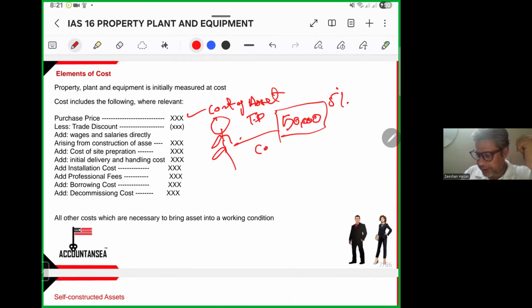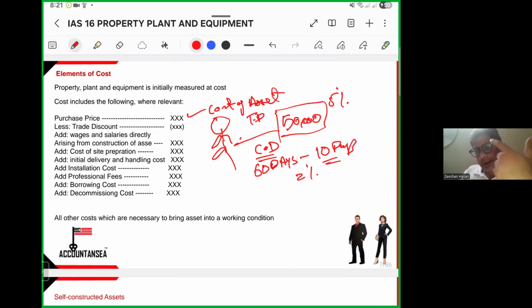Now, another discount is cash discount. What is cash discount? For example, we have a credit period of 60 days. The supplier says, pay us in 10 days, and I will give you 2% extra discount. This is a cash discount, and it will not be deducted from the cost of the asset, because we are not sure whether we are going to avail this discount or not.